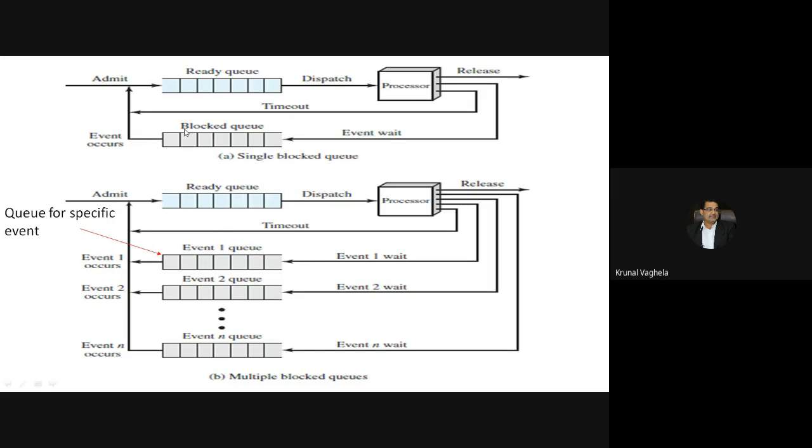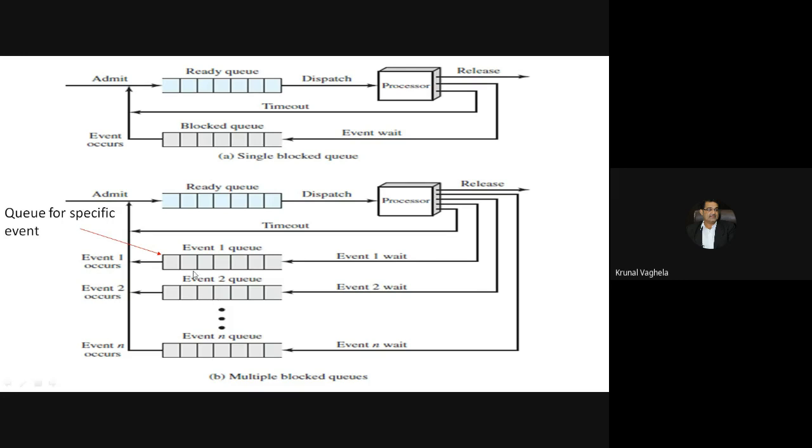So here all the patients are sitting in the single queue, but here the patients are sitting based on the event for which they are waiting. For example, these processes are waiting for input from the keyboard. These processes are waiting because the output device or printer is busy.